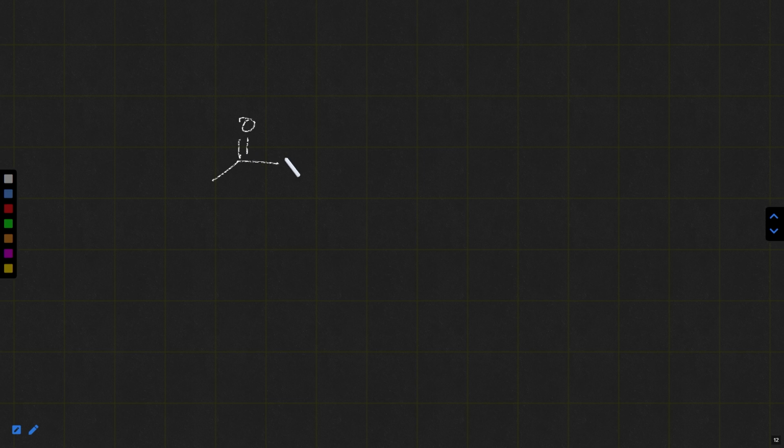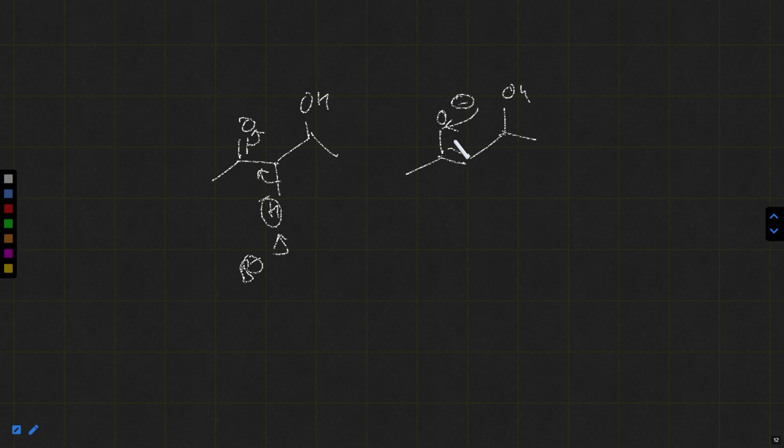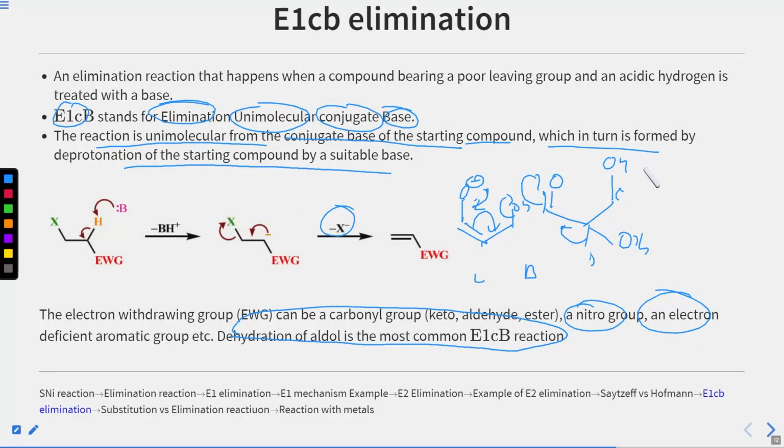Suppose this was your aldol product. You know very well that this OH is not a good leaving group, but there is a hydrogen here. This base takes this hydrogen. It goes here and this kind of anion is formed. Now it will come here, this will go here and this will be removed. Is this clear? Yes. This is the third type of elimination reaction.